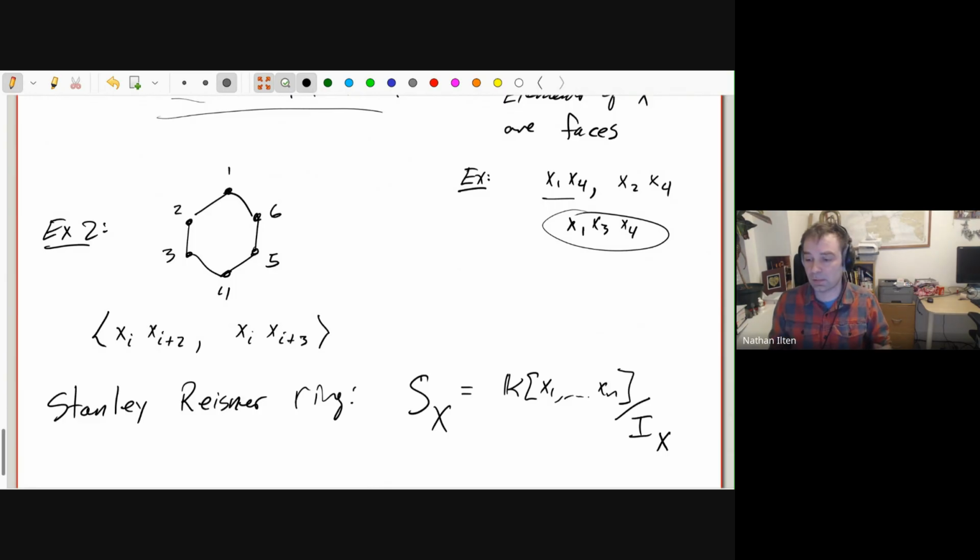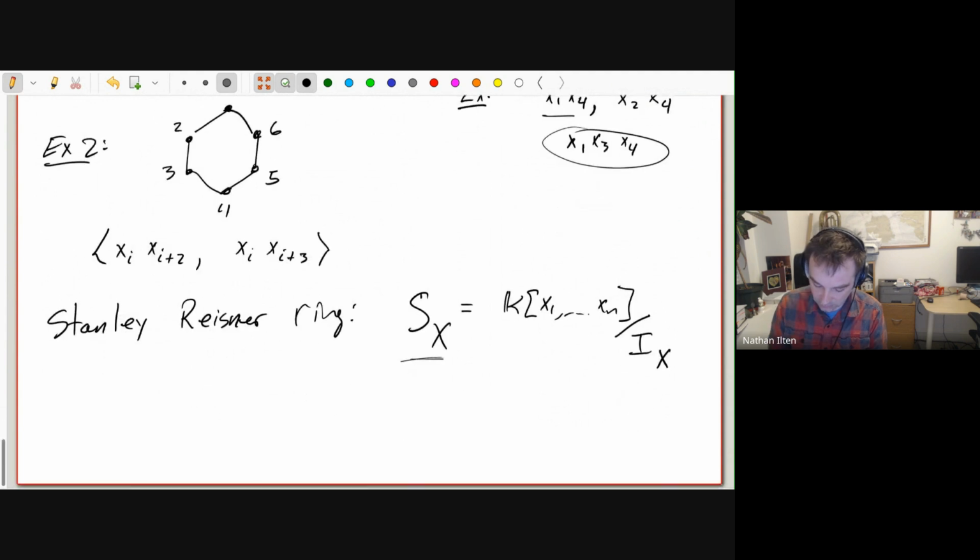So this is some interesting algebraic object that we've obtained from this combinatorial data. And many of the interesting algebraic properties that Sx has, you can read off of the combinatorial data. So for instance, the dimension of this ring is equal to 1 plus the dimension of the simplicial complex.